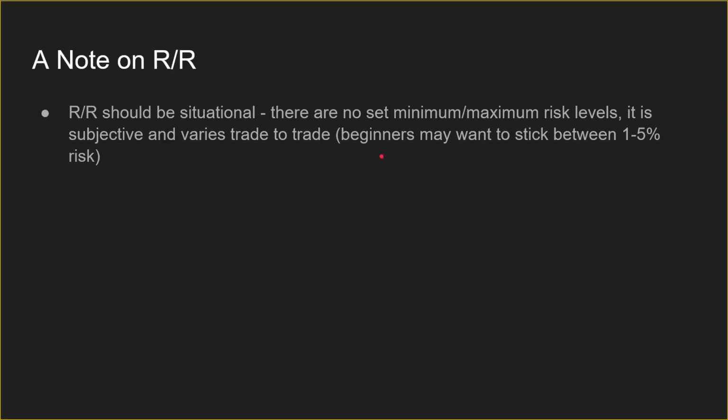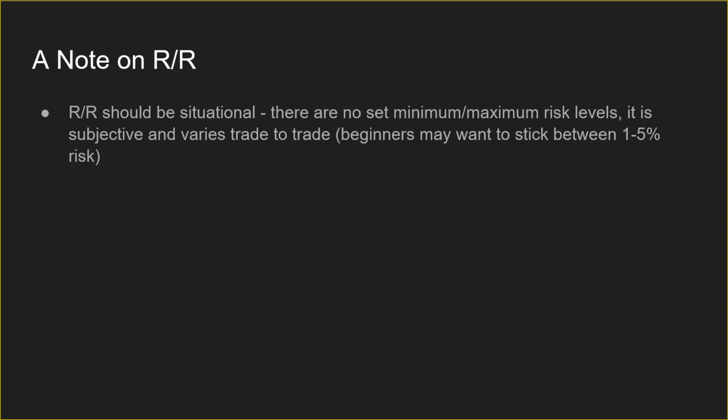Now, with that said, beginners, people who are new to trading, people who are new to risk management or stop losses, I know way too many people who don't use stop losses, they may want to stick between 1 to 5% risks and not risk any more than 5% on a given position.